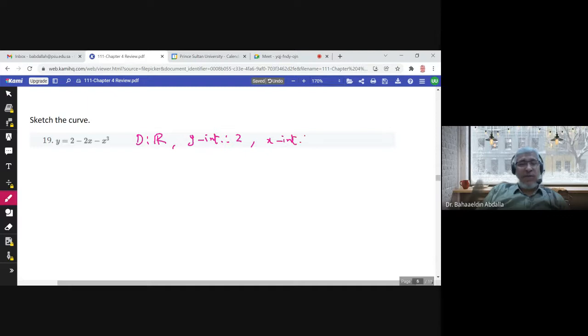X-intercepts, I don't think it is easy because it's x to the power 3. You have to put negative x cubed minus 2x plus 2 equals 0 and try to solve this one. If you want, you can use the calculator.